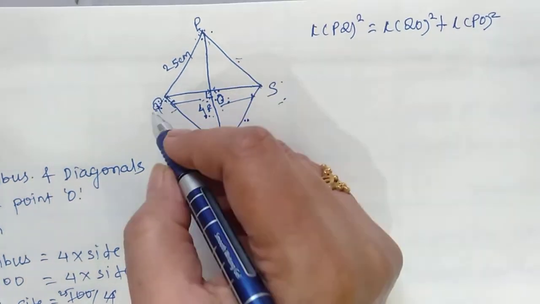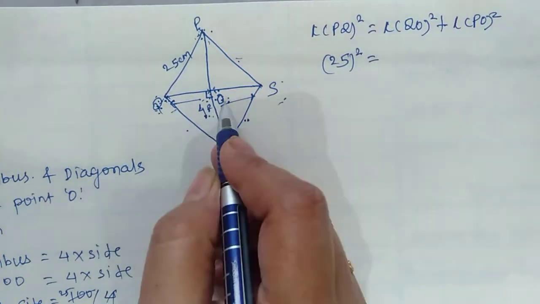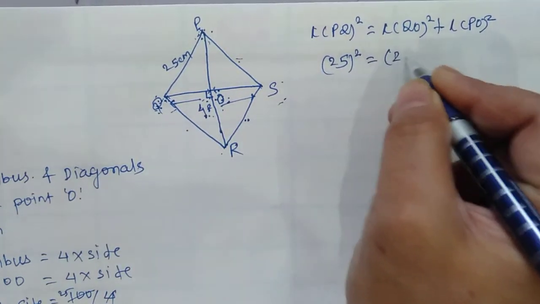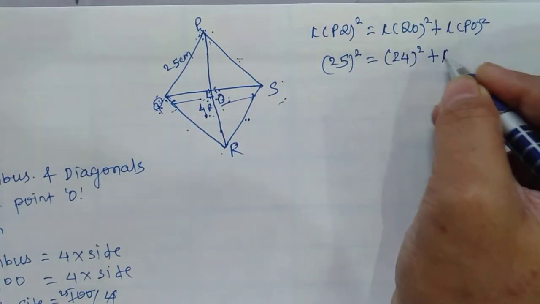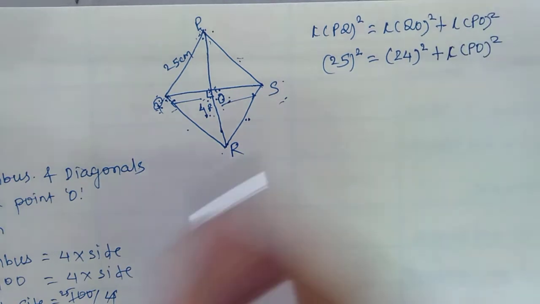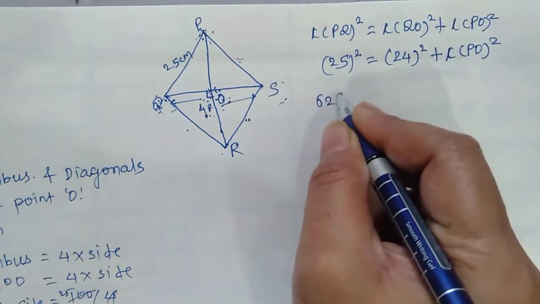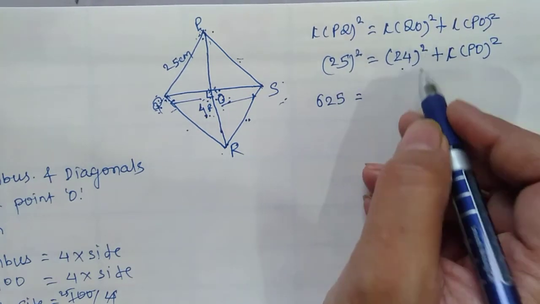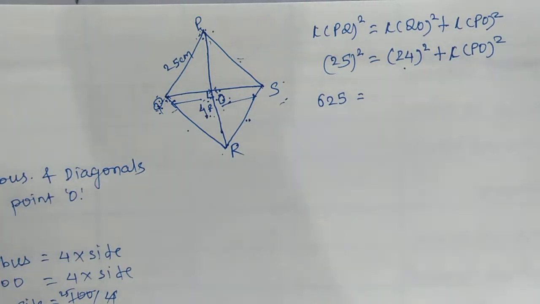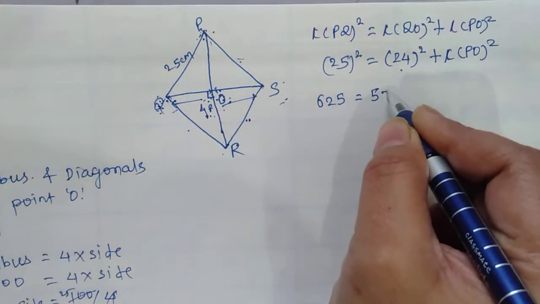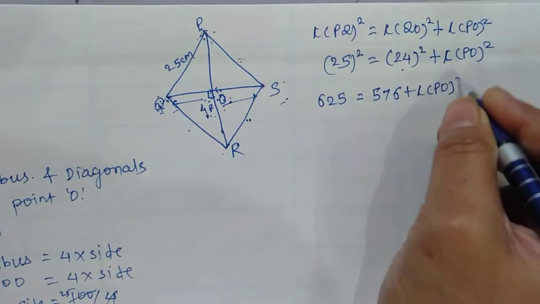Now put up the values. PQ is 25, QO is 24, plus length of PO square as it is. So 25 square is 625 equal to 24 square is 576 plus length of PO square as it is.